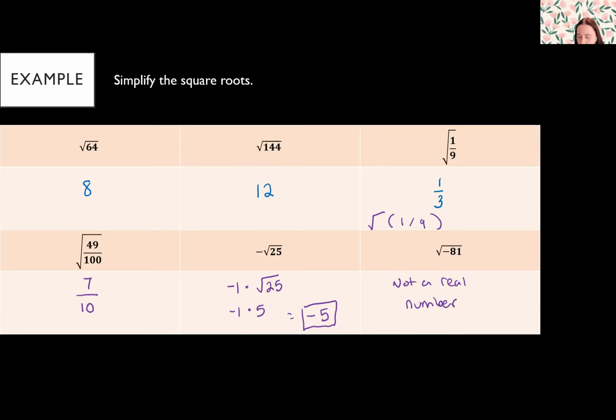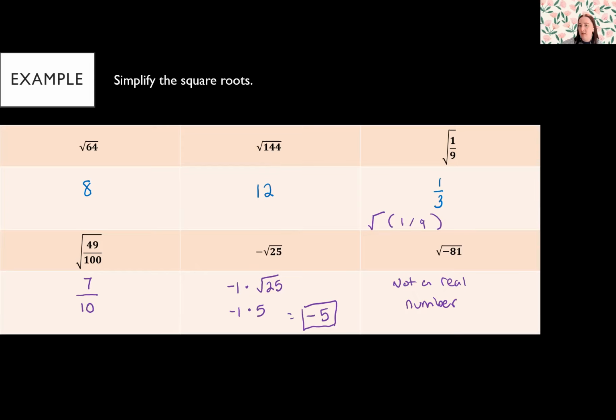When you get to college algebra, you will learn about imaginary numbers. Those are the things that were created in order to do square roots like this. But you guys are not in that class. So in this class, we just say it's not a real number. There is no number that will make that work. If you try to do that on your calculator, my calculator says domain error.